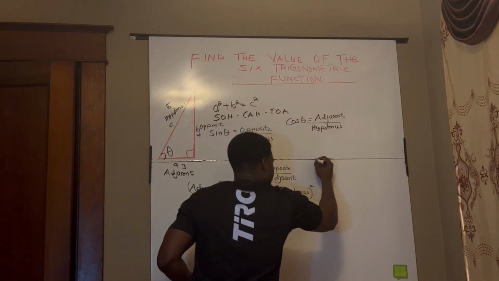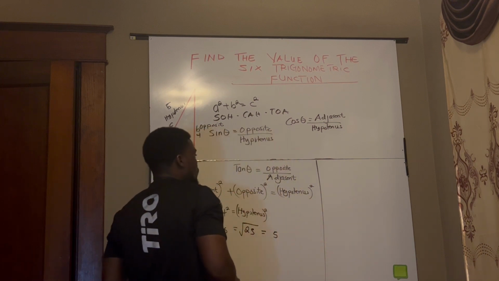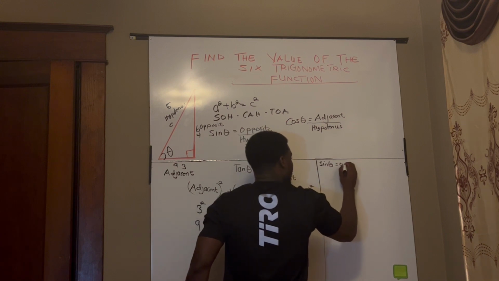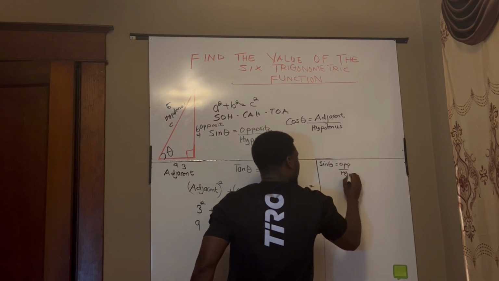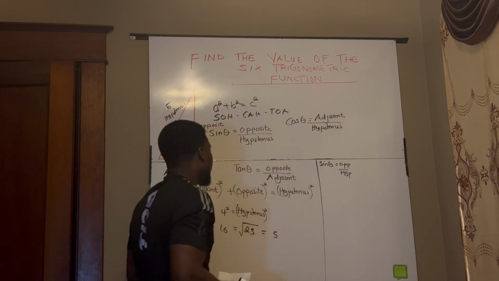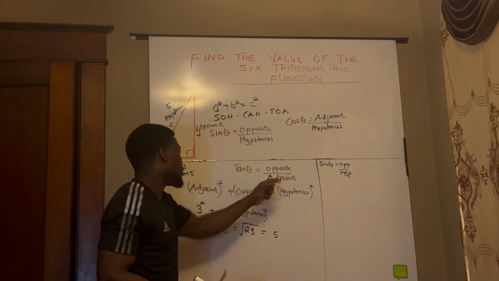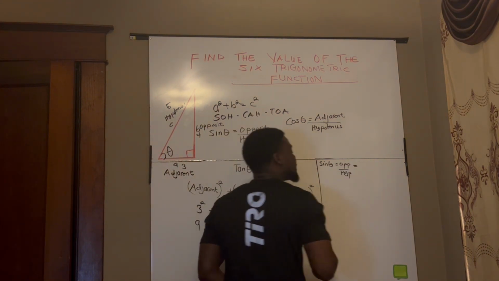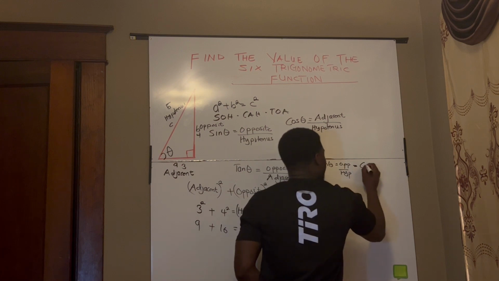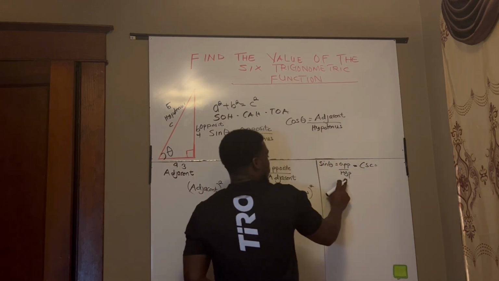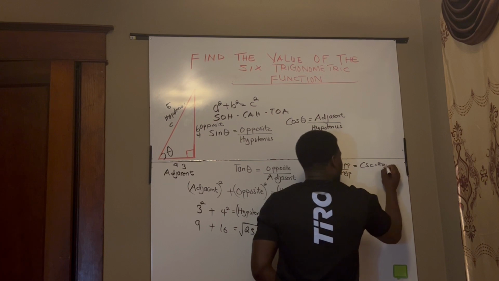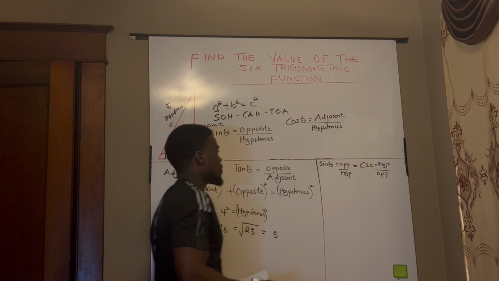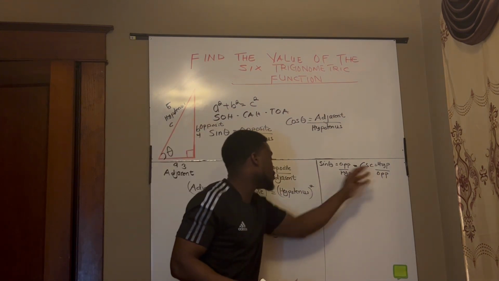Sine theta is equal to opposite over hypotenuse. The reciprocal of sine is cosecant, which is hypotenuse over opposite. So there's a 1 and 2.